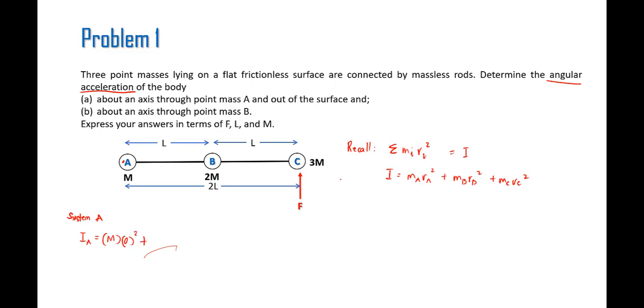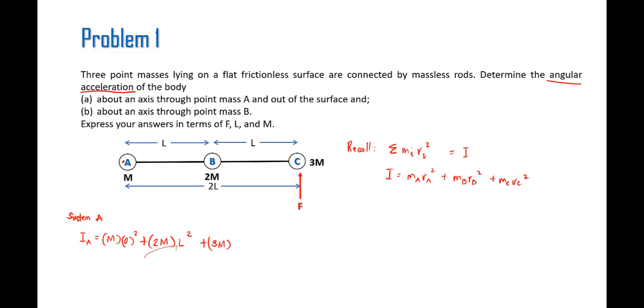And then your m sub b is the mass of point mass B, so 2M multiplied by the distance between the axis and point mass B, which is L, so L squared. Plus your m sub c is the mass of point mass C multiplied by r sub c.